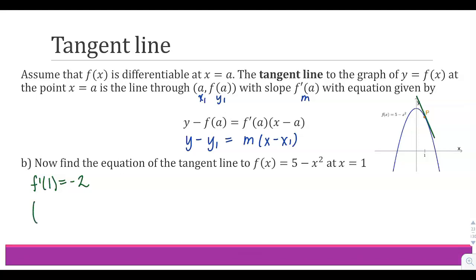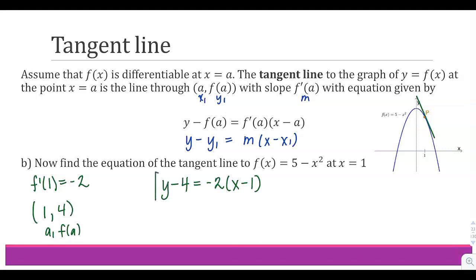So I need my f of a. So my a value was 1. To find f of a, I need to go ahead and substitute 1 into f, the original function, which we've done a few times now. When you plug in 1, you get out 4. So an equation of the tangent line is y minus 4 equals -2 times x minus 1.